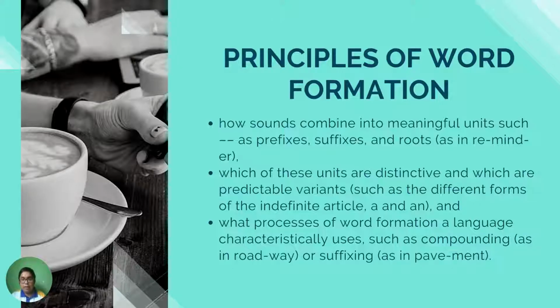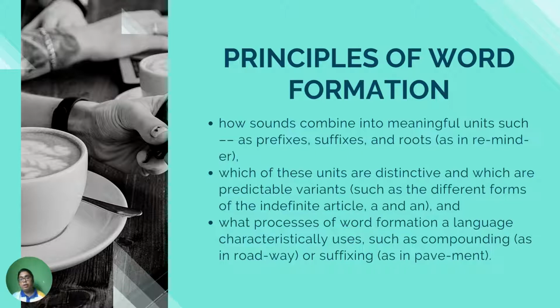Now, there are some principles of word formation where we need to look further. The first one: how sounds combine into meaningful units, such as prefixes, suffixes, and roots, as in the sample reminder. All right. So the word reminder there again is actually a combination of clusters of letters. Next, which of these units are distinctive and which are predictable variants, such as the different forms of the indefinite article a and an, right?